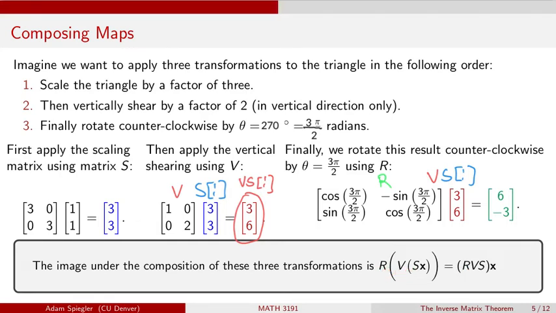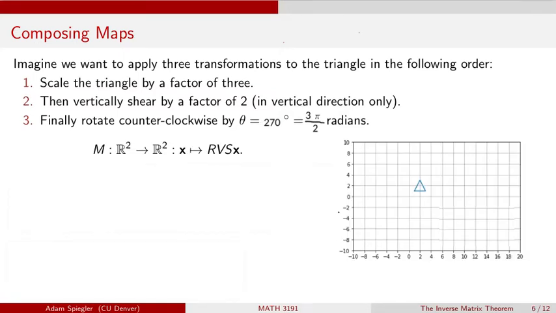So for example, I could first multiply S times V, V multiplying S on the left, and then multiply that by R. So we can find out what this matrix is by multiplying these three matrices together and then applying that single matrix to X, so that we can apply all three of these transformations by multiplying on the left by a single matrix that we get as a result of multiplying each of the three transformation matrices.